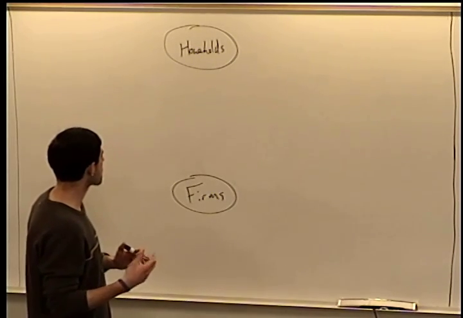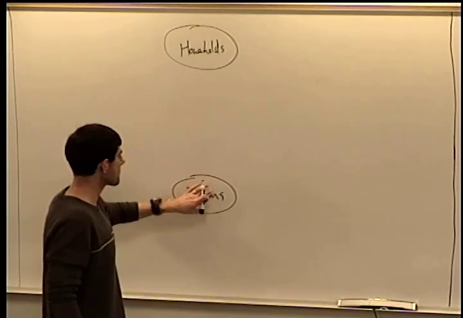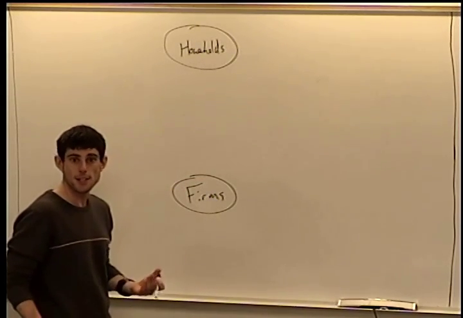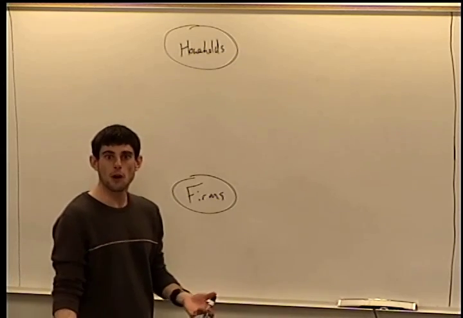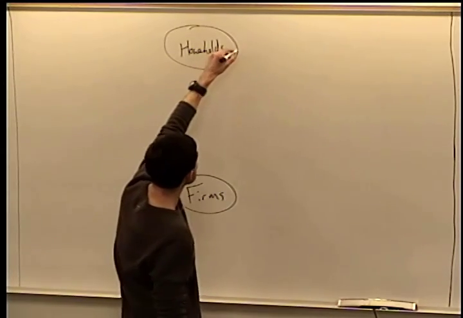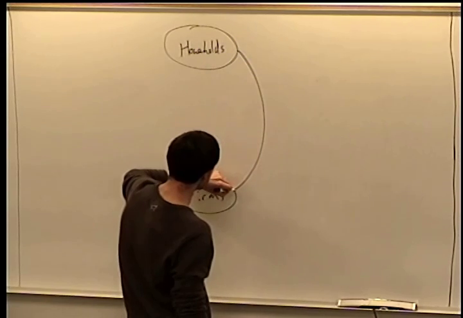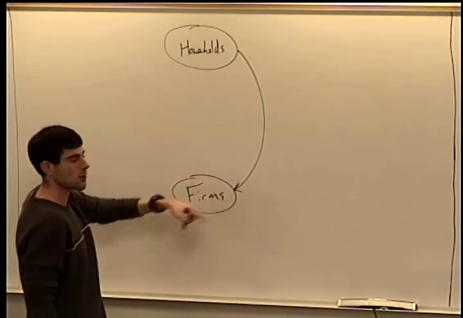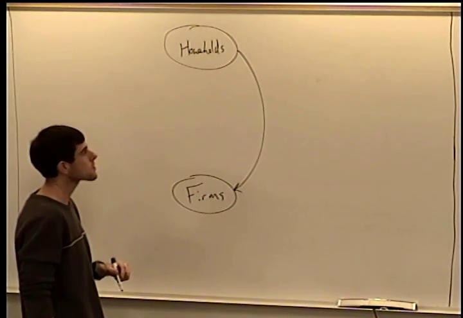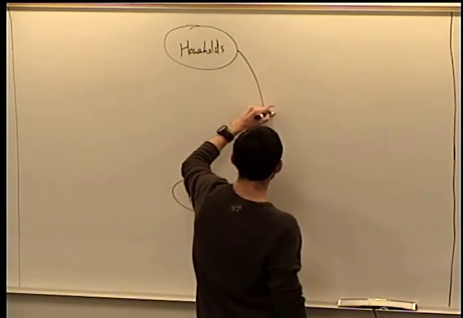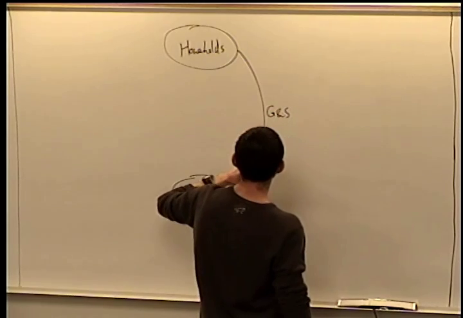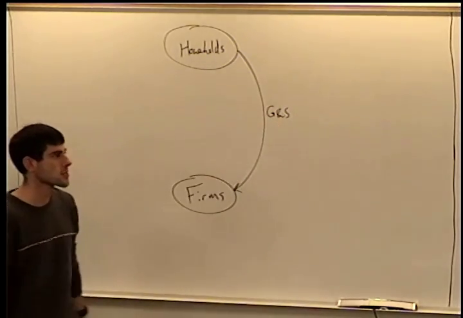So for example, do households give firms money? The answer is yes. Every time you go to Walmart and you buy something, you're giving Walmart money. So households send money to firms, a downward arrow from households to firms, in exchange for goods and services, G&S for goods and services.